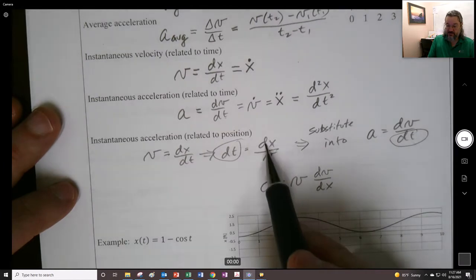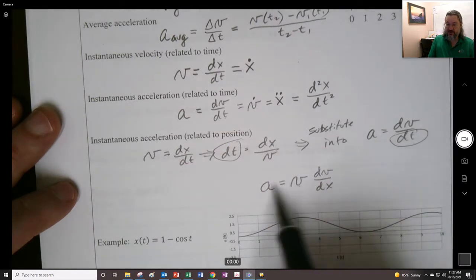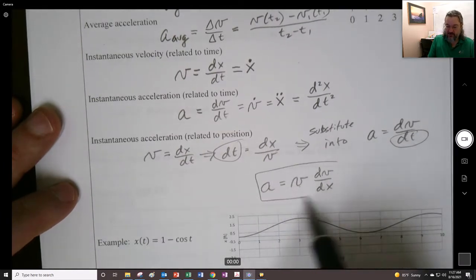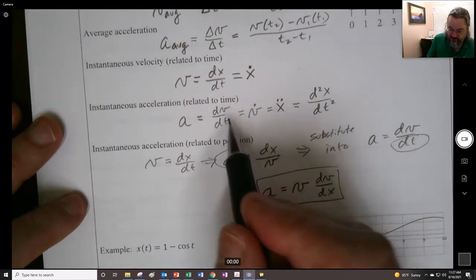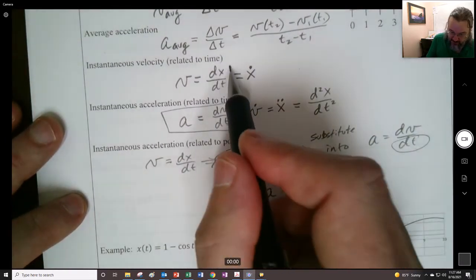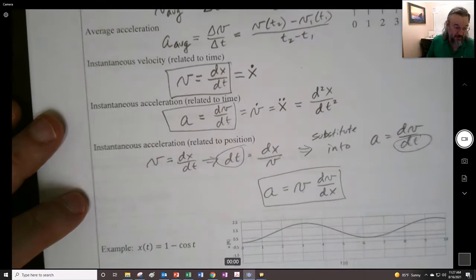So these things flip-flop right here, and we have velocity here. So here is another kinematic relationship. Here are the basic kinematic relationships, all written out for you.